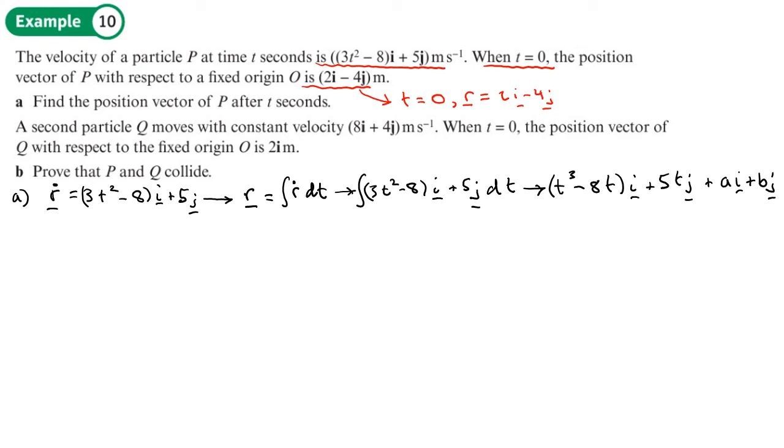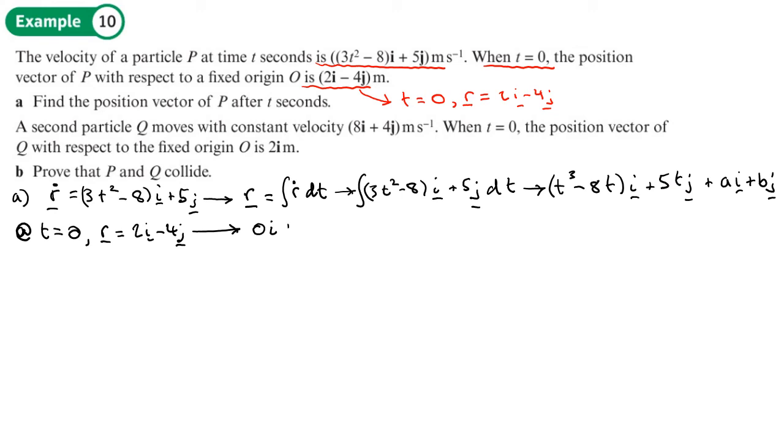Now we're told that when t equals 0, r equals 2i minus 4j. So let's plug those in so we can work out what a and b are. If I put 0 in this, I'll end up with 0i, and if I put 0 here, I'll end up with 0j.